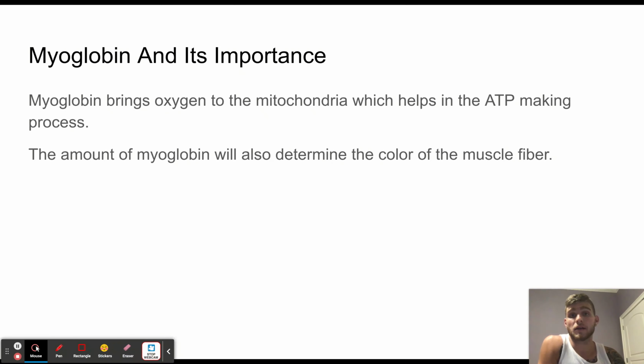If it has a lot, like the slow oxidative fibers, then it's more red, whereas the fast oxidative are more of a pink color because they don't have as much myoglobin, and the fast glycolytic have practically none, so they're white. That's how you can tell the difference. Also, in muscles you typically see all three types, and the proportions are determined by what exactly the muscle is used for, so what kind of muscle fibers it'll need.